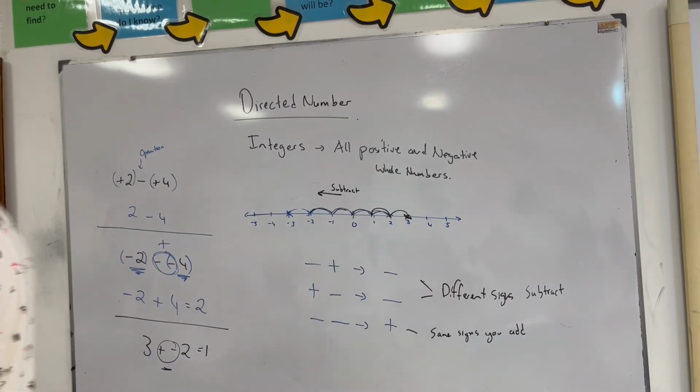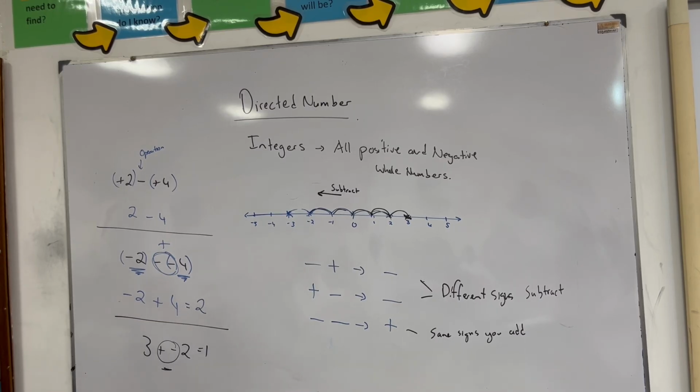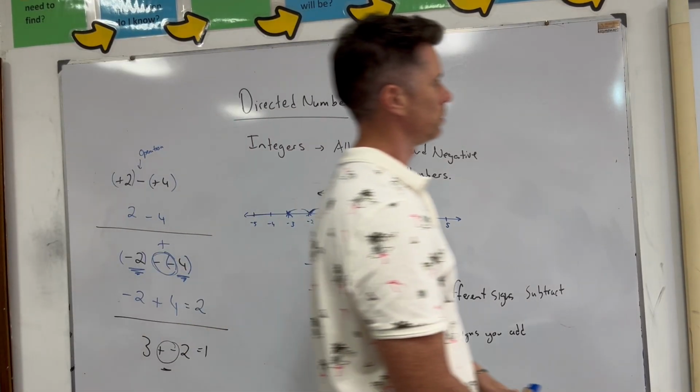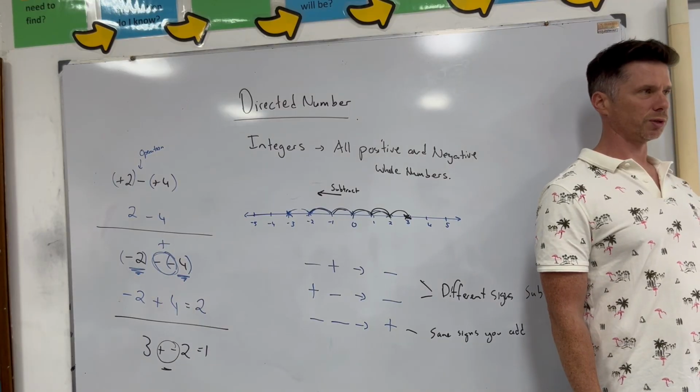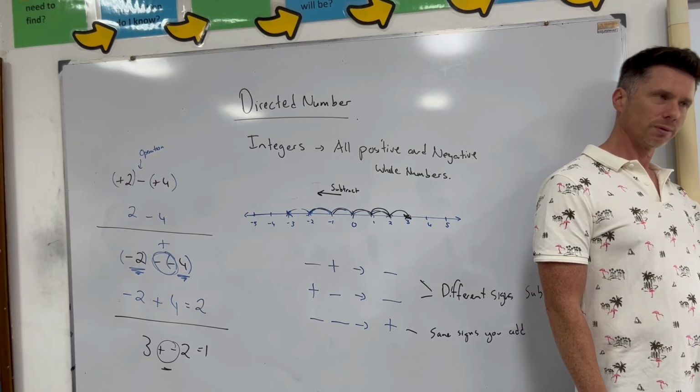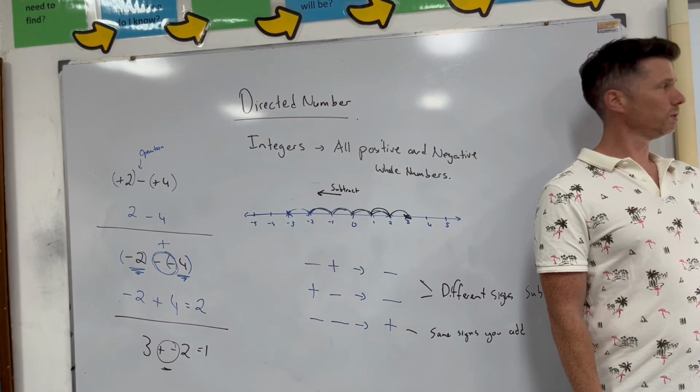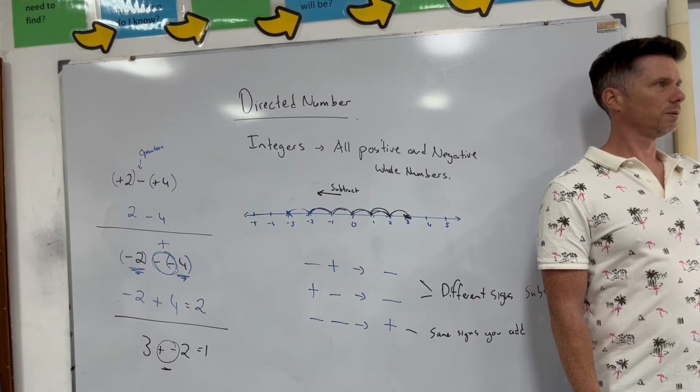I'm going to give you some to do, see can you figure them out. Remember, for each of the ones I'm going to put up on the screen, you start here. So for this one I start at 2 and I subtract nothing, so that one's just 2. This one I start at 2 and I subtract 1.